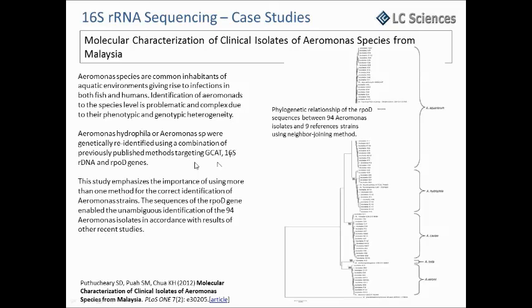They successfully identified 94 species of Aeromonas. Here they also emphasize that based on one method, you cannot get a very clear picture of the microorganisms inside. So you may need to use multiple methods like GCAT and also a targeted sequencing method on the rpoD genes.